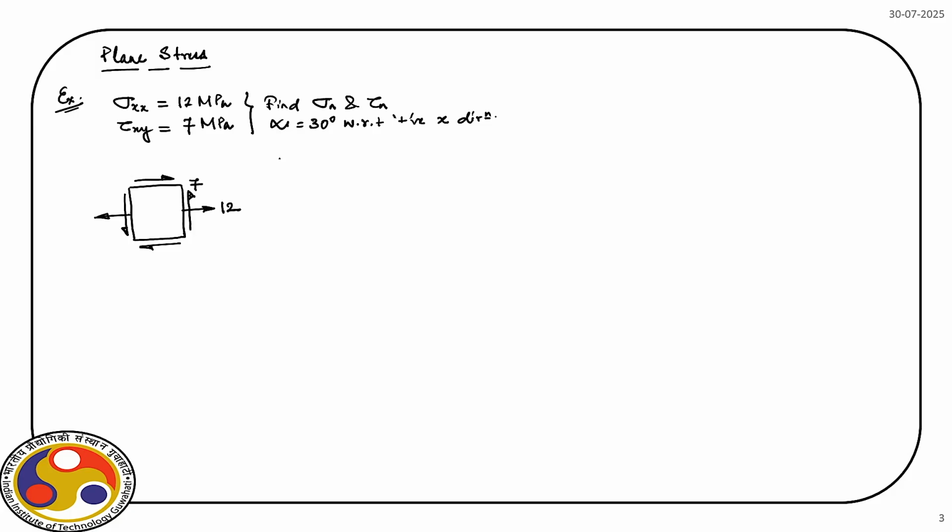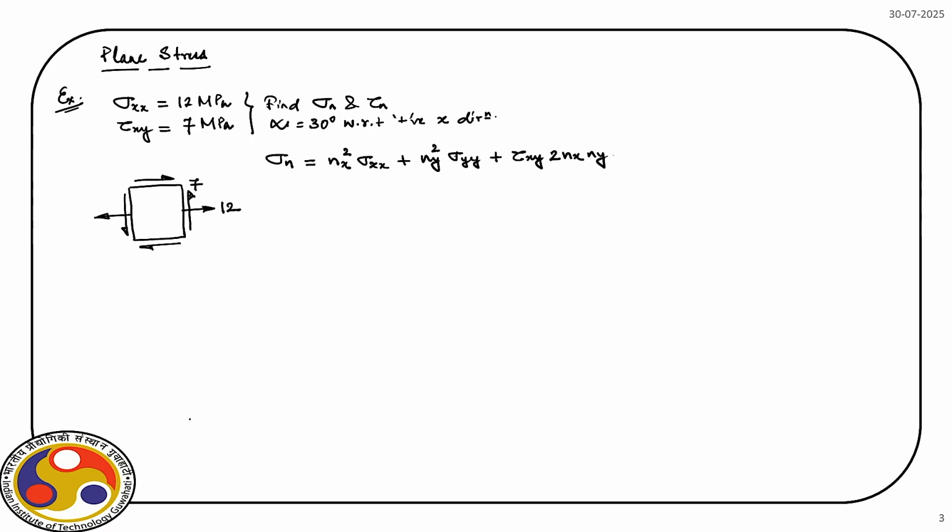Now, if you recall, we have already derived the expression for sigma n, and that is n x square sigma xx plus n y square sigma yy plus tau xy, we have actually 2 times n x and n y.